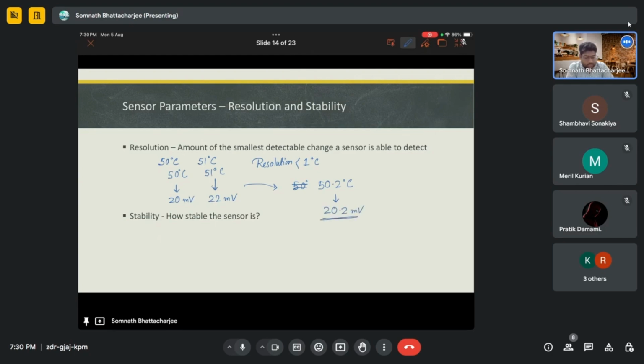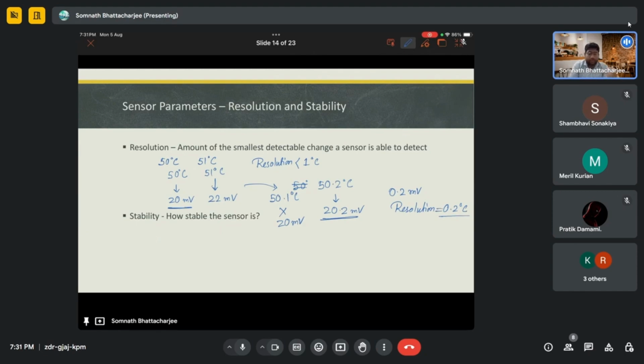So there's a certain change in the value, that is 0.2 millivolt change. So the resolution in this case will be 0.2. We have to go much lower in the values. There can be a case like 50.1 degrees centigrade where there is no change, that is, it's still showing 20 millivolts in the sensor, so it doesn't have a resolution of 0.1. So the resolution in this case will be equal to 0.2 degrees centigrade.